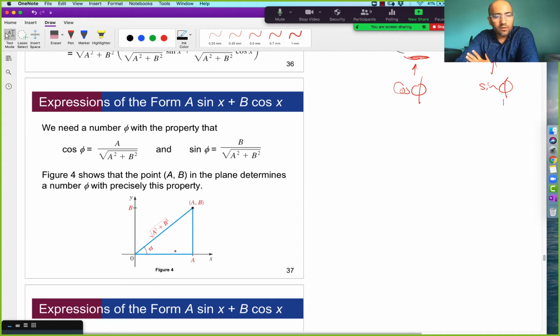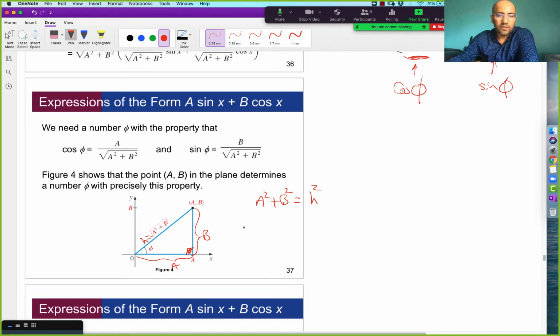But okay, so if this is A, this is B, and A and B happen to both be positive values in quadrant 1, then it would make sense that the hypotenuse of the triangle would follow the Pythagorean theorem, right? So this length over here is A, and this height over here is B. So this is true: a squared plus b squared equals h squared, where this is h.